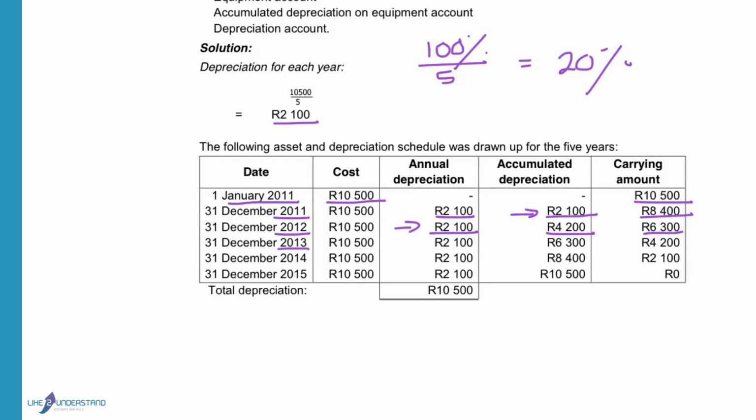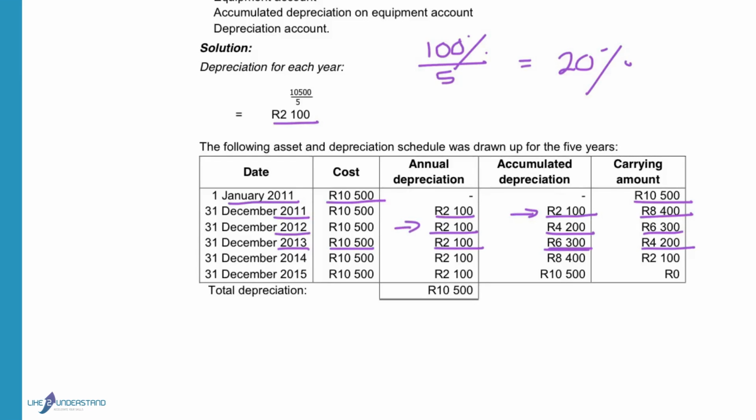In 2013, we write off 2,100 again. So my accumulated depreciation was 4,200 plus this 2,100 gives me 6,300. What is my asset worth? 10,500 minus 6,300. So the carrying amount is now 4,200.